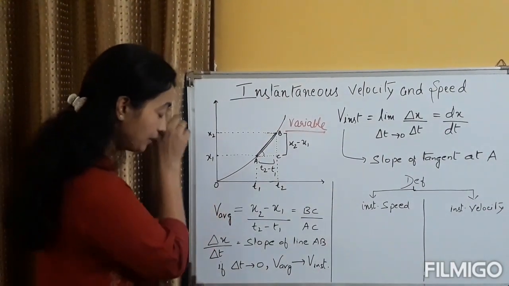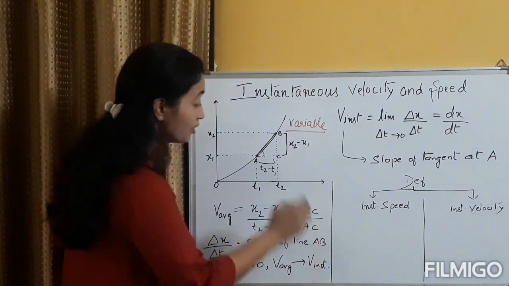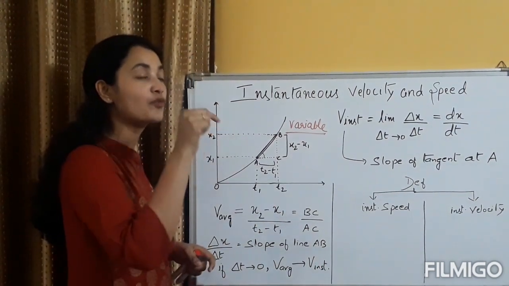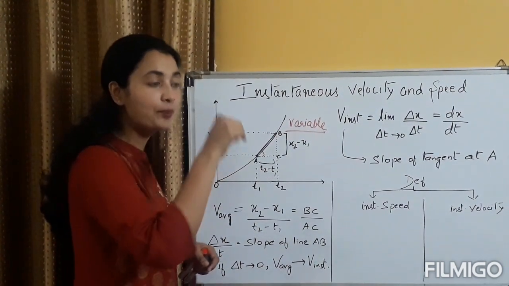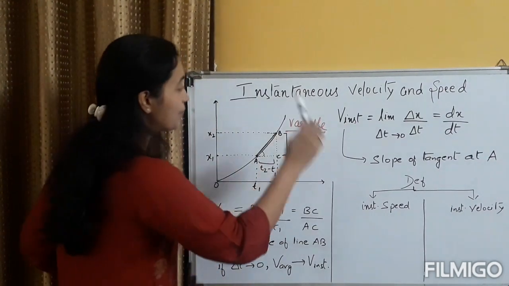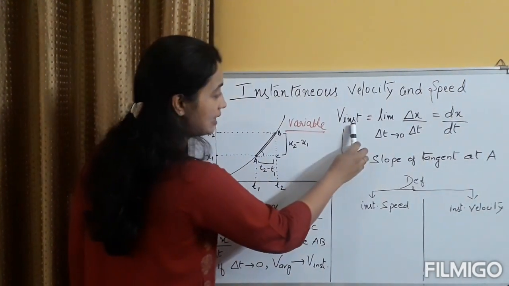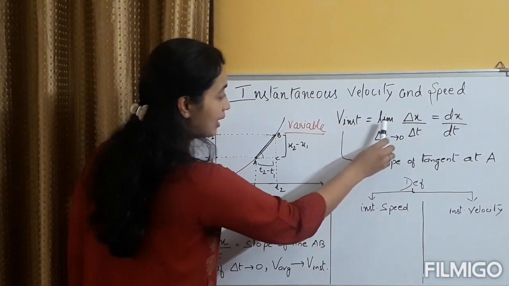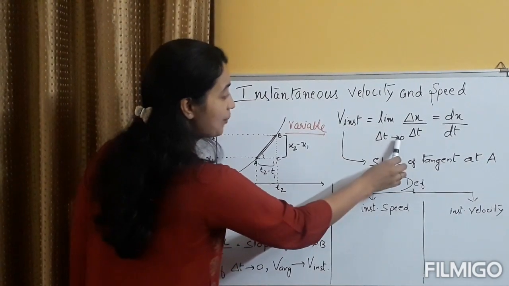The average velocity will become the instantaneous velocity at that particular instant. Mathematically, V instantaneous is what we get when the limit of delta t approaches 0.